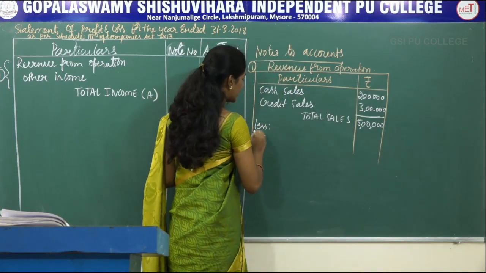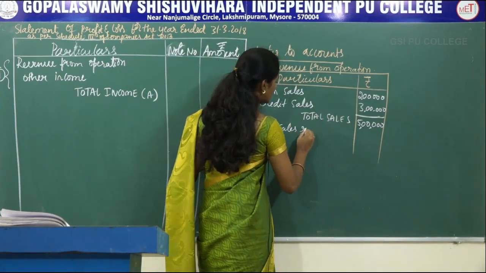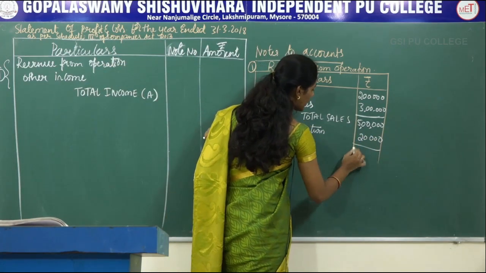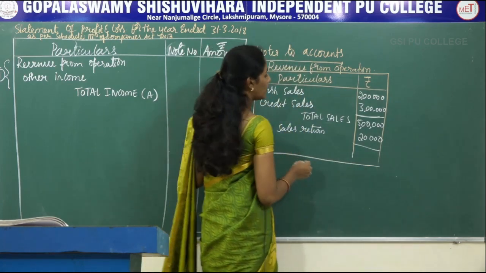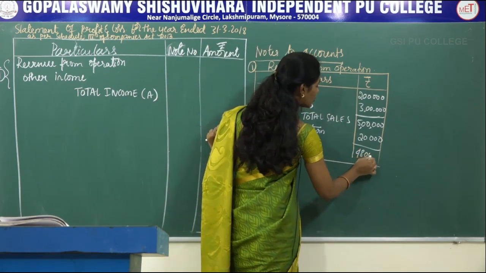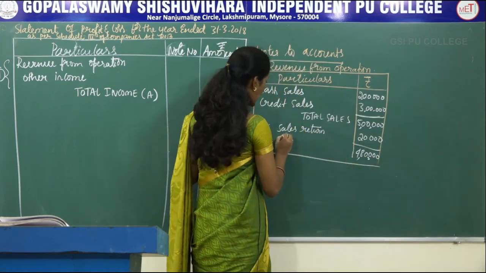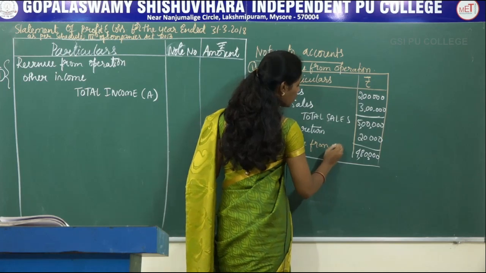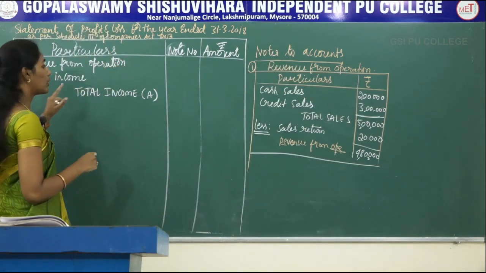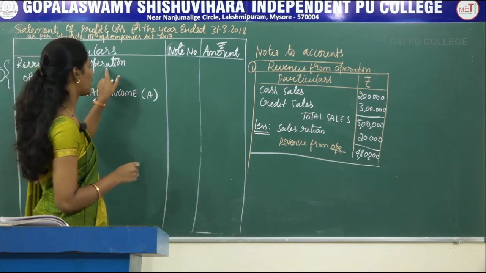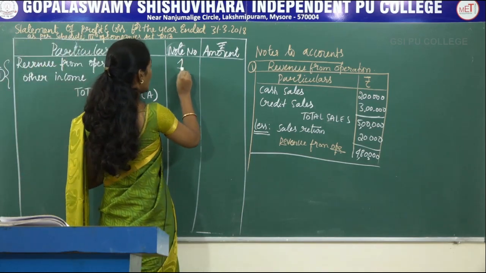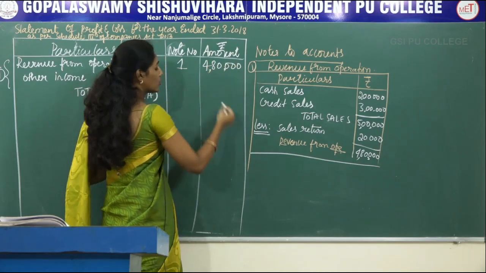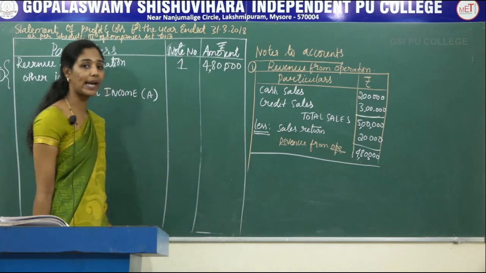Then you have to deduct sales return of rupees 20,000. 5 lakh minus 20,000, you will get 4,80,000. So this is nothing but actual amount of revenue from operation. So then record in the statement revenue from operation, note number 1, and the actual amount of revenue from operation was rupees 4,80,000.